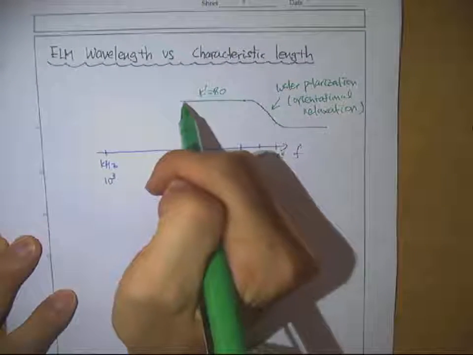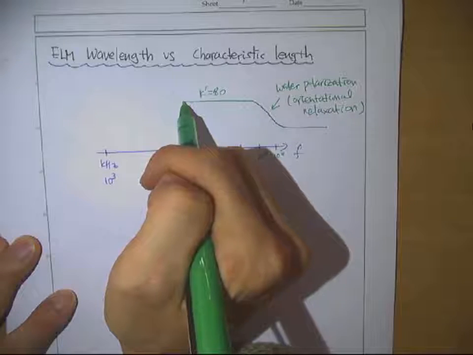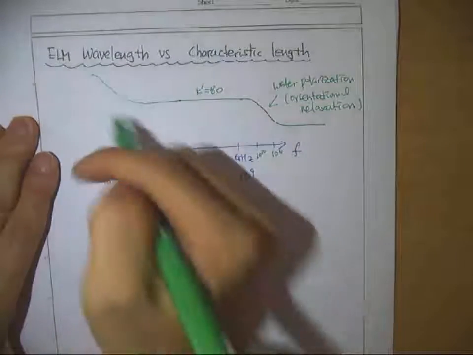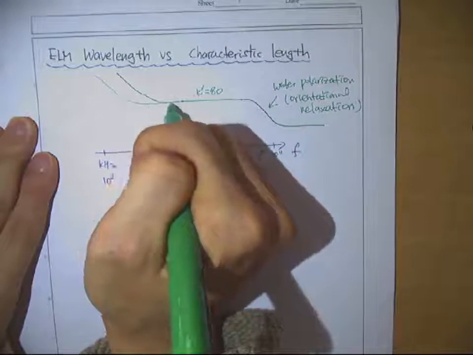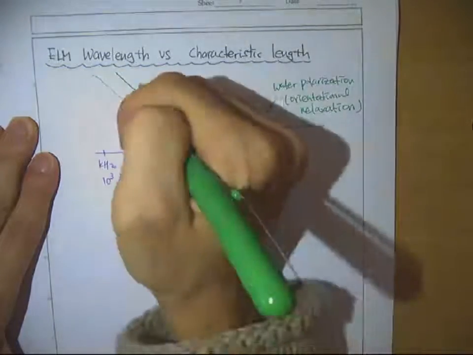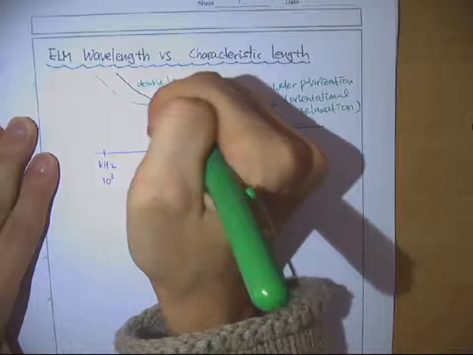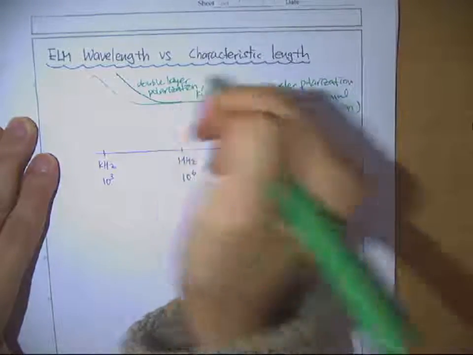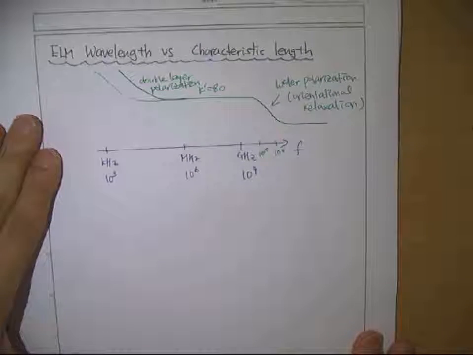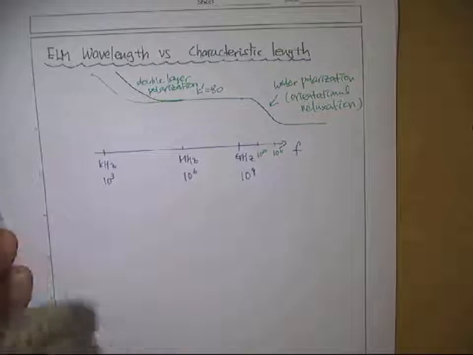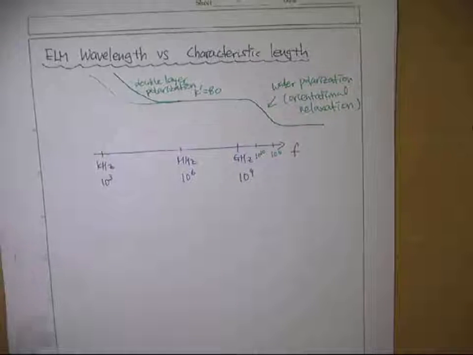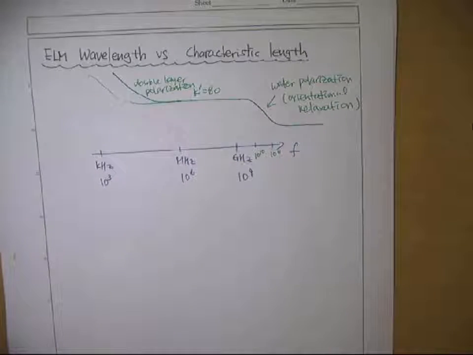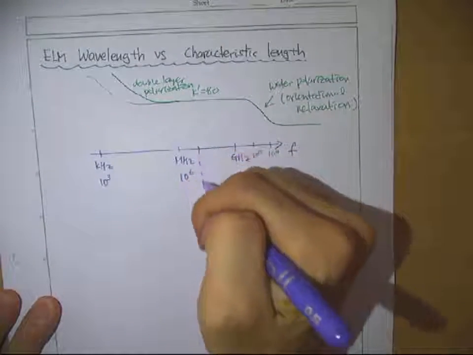And as you go towards the lower frequency, you have double layer polarization. Actually, it starts a little bit faster. Double layer polarization. And around 10 to the 7 hertz, so that's about 10 megahertz.